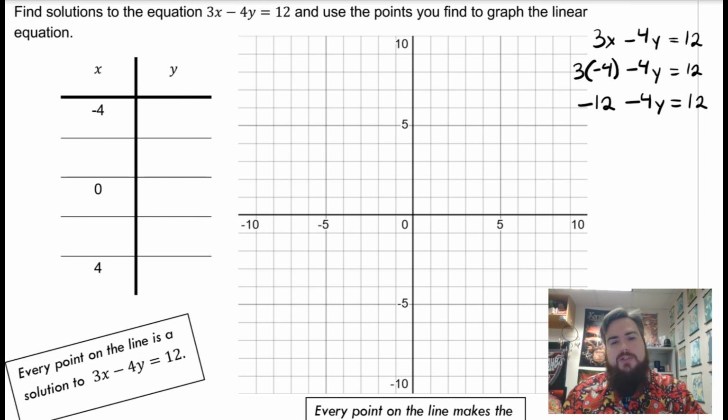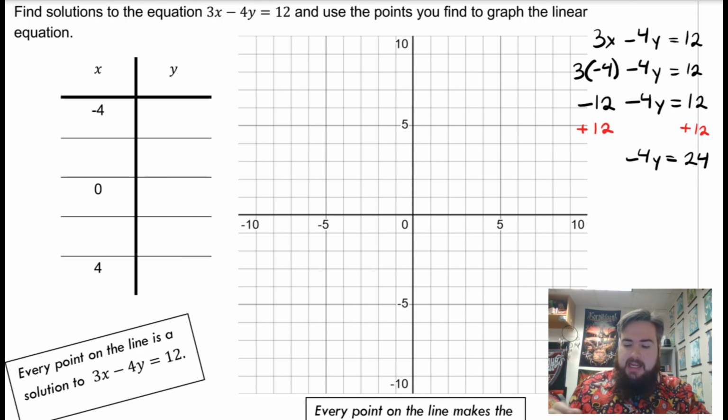And then in order to solve for y, I need to get it by itself. I will first do so by adding 12 to both sides. That will then give me -4y is equal to 12 plus 12 is 24.